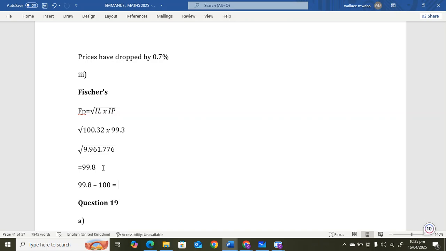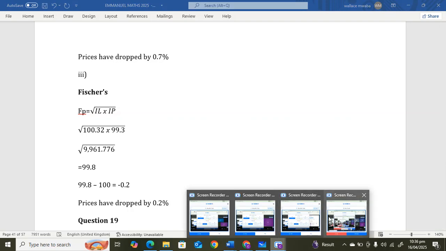So prices have dropped by 0.2%. And that's how it is done. Any questions?